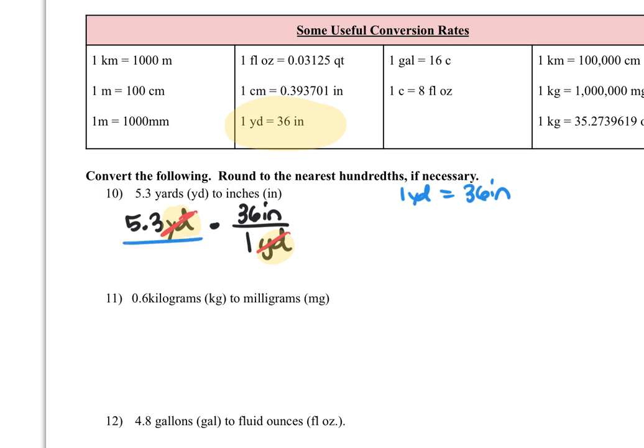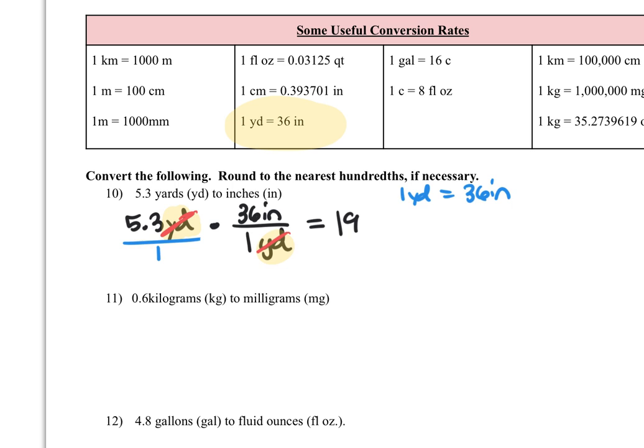When you're multiplying a whole number, it's like you have a denominator of 1, and you just multiply the top with the top and the bottom with the bottom. So we do 5.3 times 36 inches. On the bottom, it's just 1 times 1, which gives me 190.8. Let me see.